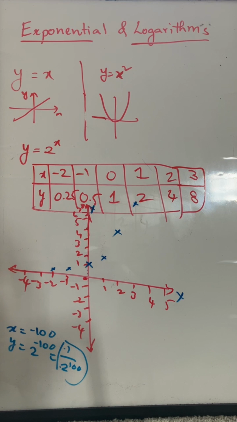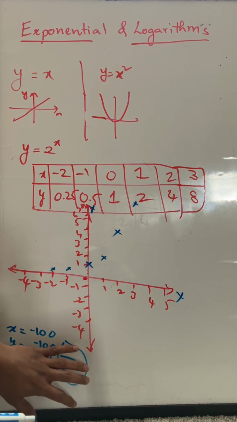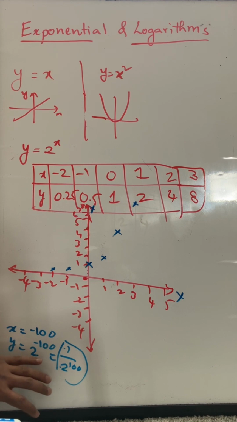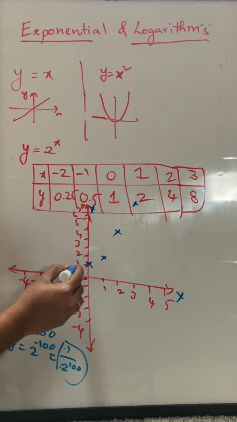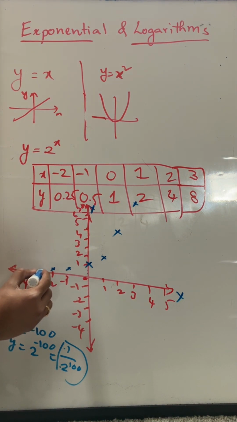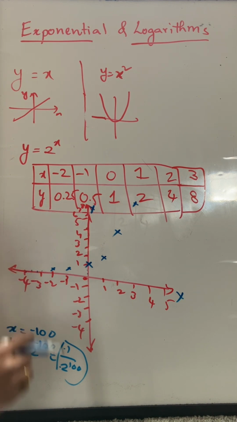Even if x reaches negative 100, the overall y value is positive, even at 1000 also. Because it is 1 by 2 to the power of 100, the value is much lesser. It will be gradually reducing, but it never touches 0.